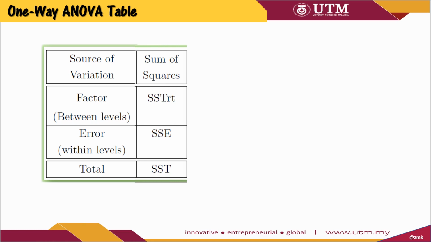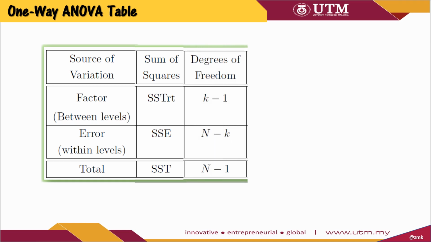The third column enlists the associated degrees of freedom. Similar to the sums of squares, you can start finding the total degrees of freedom given by capital N, which is the total sample size minus 1.